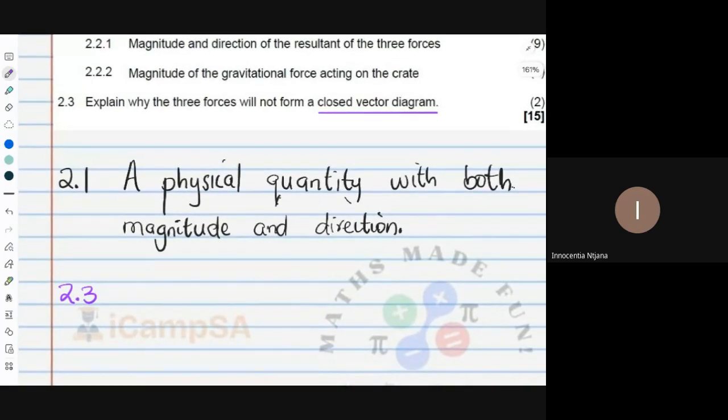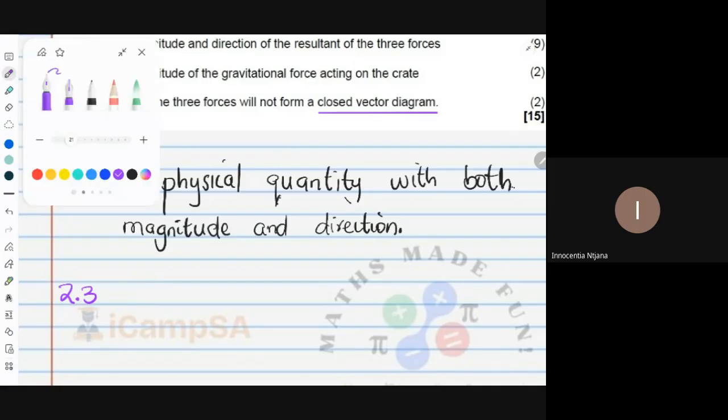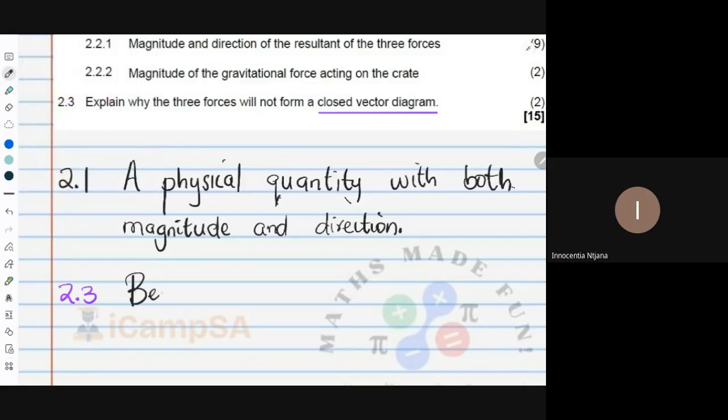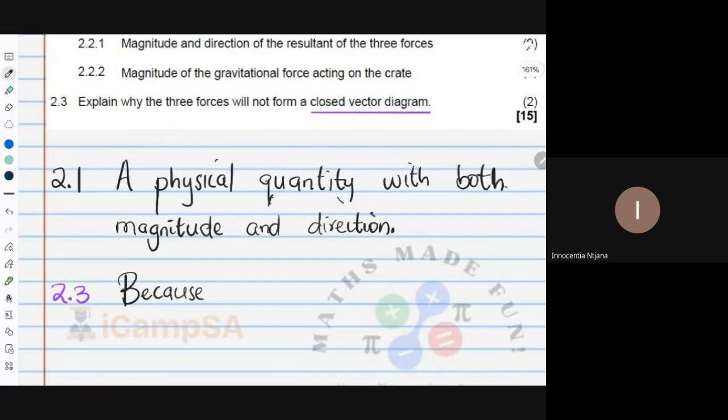Or the test. So what we would say here is no. Huh? Oh, no, not no, sorry. We would say, because, don't write long sentences. Use maths to your advantage. Because F res is not equal to 0. Simple. You get your 2 marks.